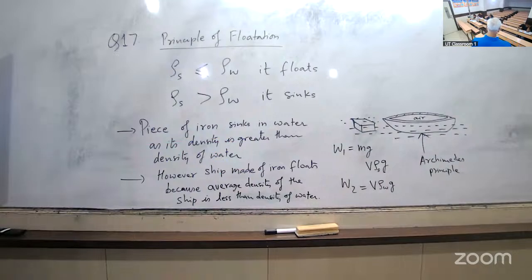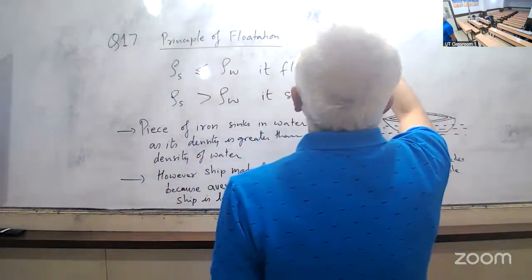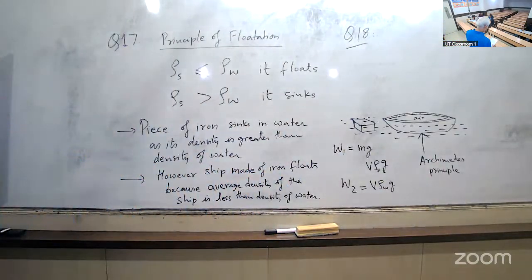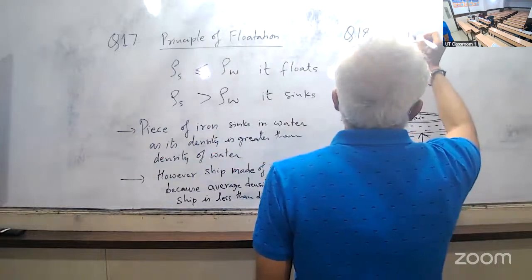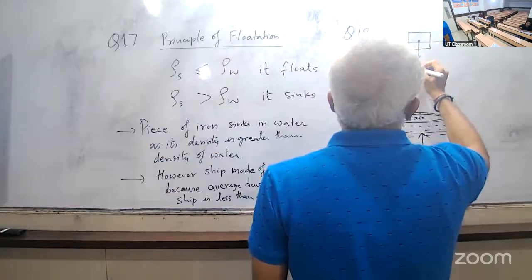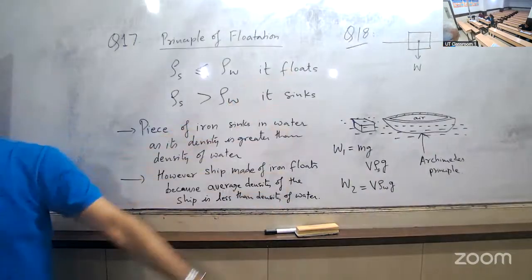A body of weight W units floats in water. What will be the weight of the water displaced by it? Again, by Archimedes principle, what is the answer? Now this body is floating.